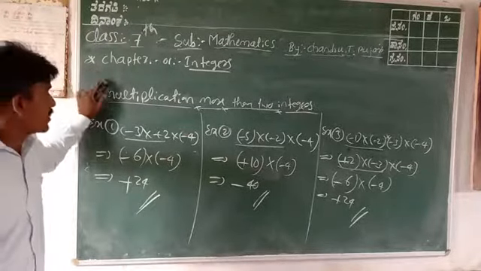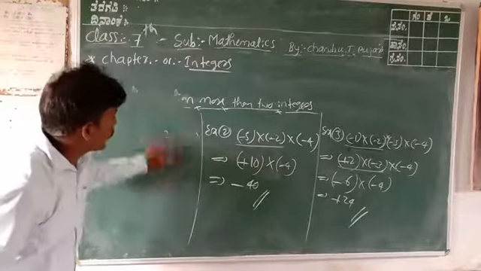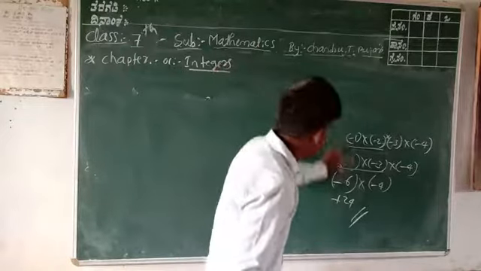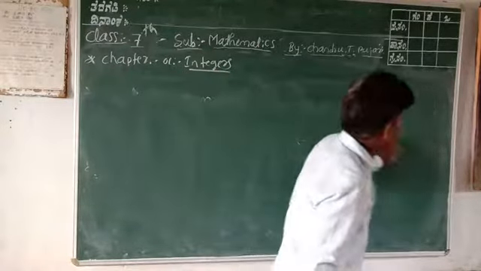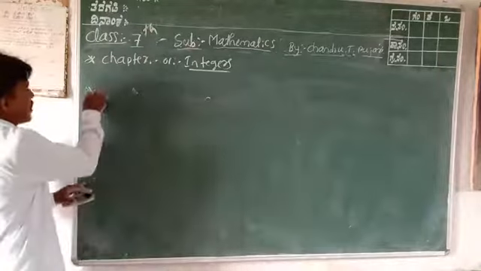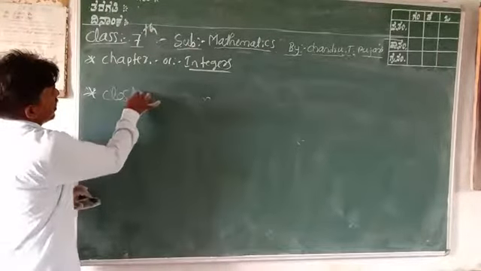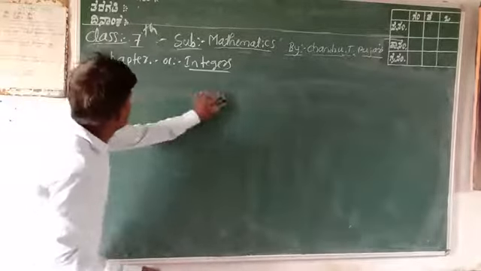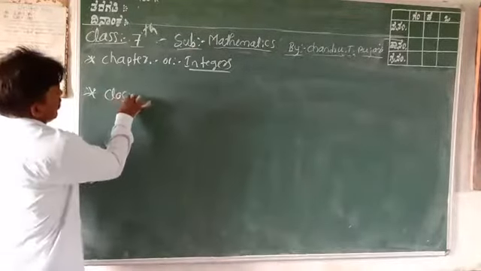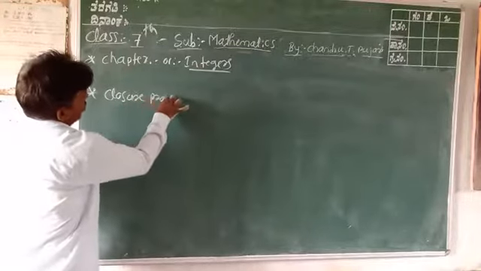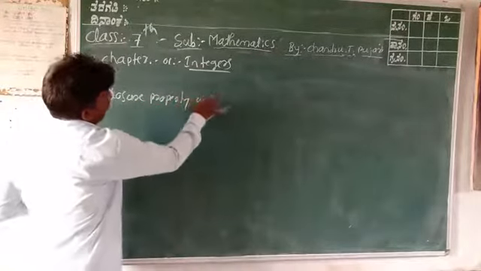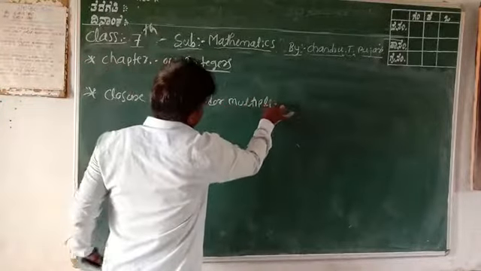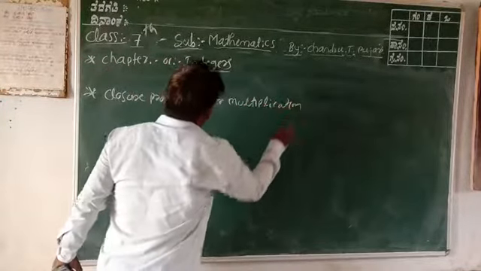Got it? The next one: you can apply the properties on integers. Multiplication of integers, as in your previous class. Check yourself once again. First one is what? Closure property under multiplication.